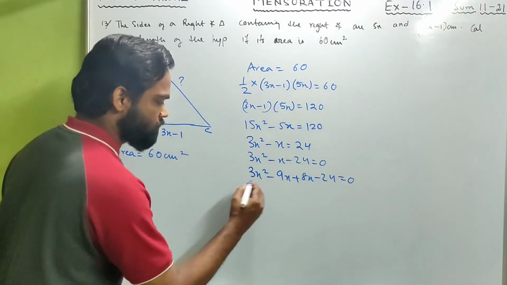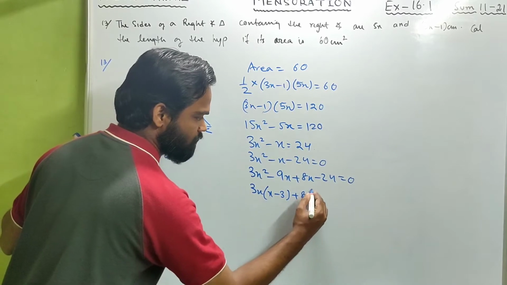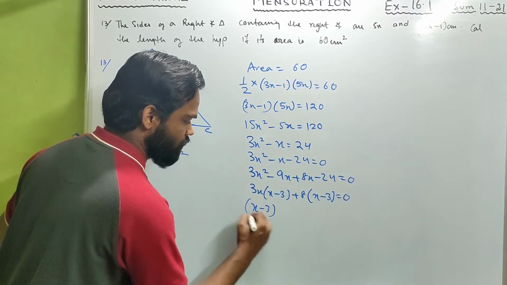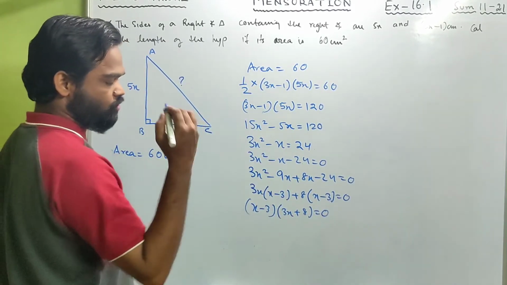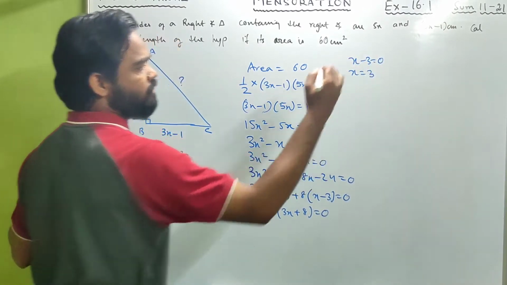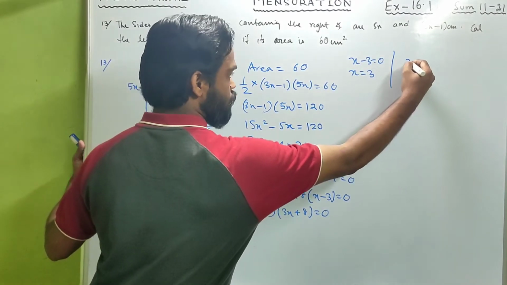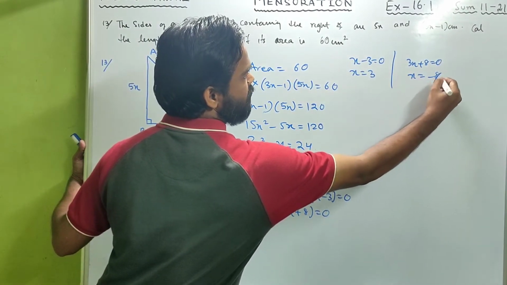So 3x common, so x minus 3, plus 8 common, x minus 3 equals 0, which means x minus 3 and 3x plus 8 equals 0. There are two cases. Either x minus 3 equals 0, which clearly gives x equals 3, or 3x plus 8 equals 0, which means x equals minus 8 by 3.